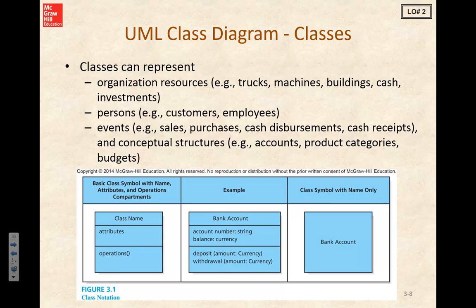On the screen, you'll see an example of a class being the bank account. Some attributes of that class would be the account number string or the balance, which would be in currency. And some operations within that bank account could be the deposit or the withdrawal.